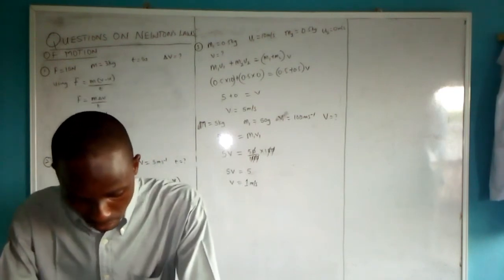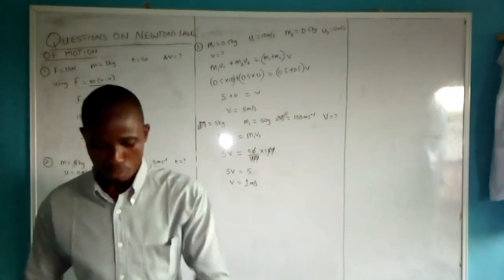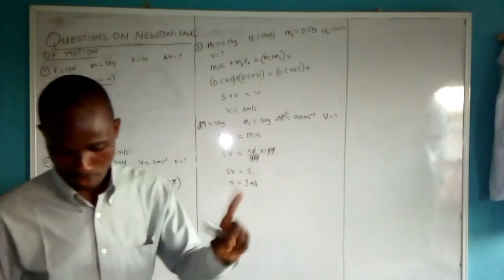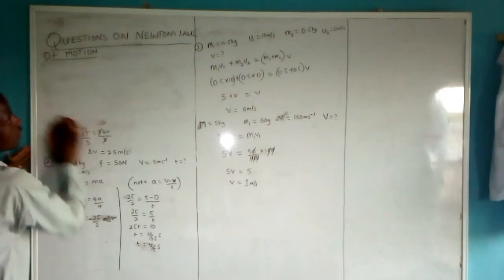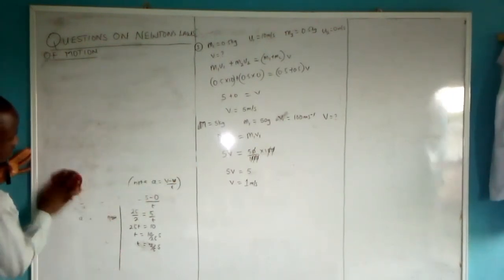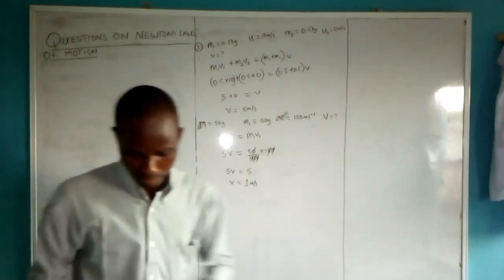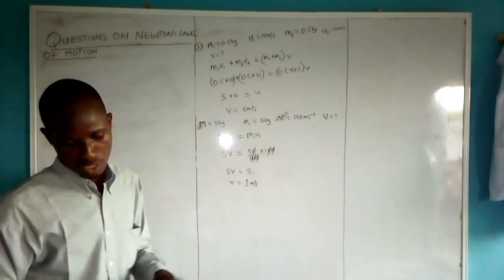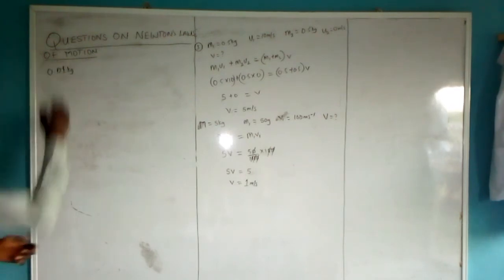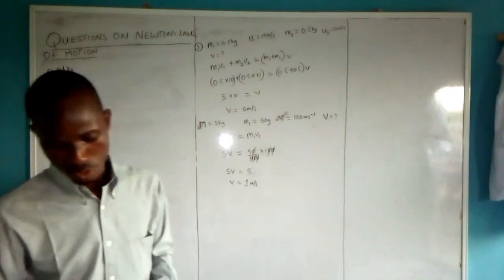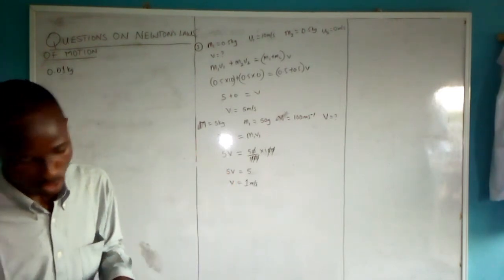So we have another question that says a rocket burns 0.01 kg of fuel each second and ejects it as gas with a velocity of 5,000 meters per second.